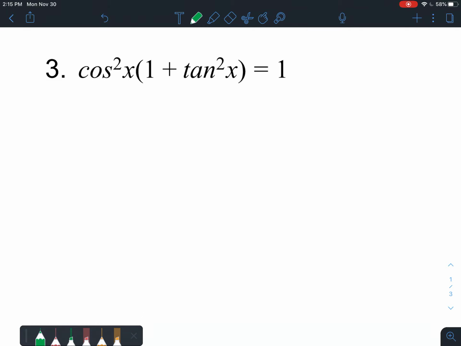All right, I would pause and try this next one on your own. Okay, here I just want to give you a little alert. Don't erase what you have. You may have just taken different steps.